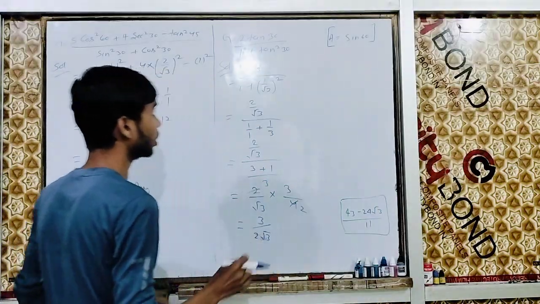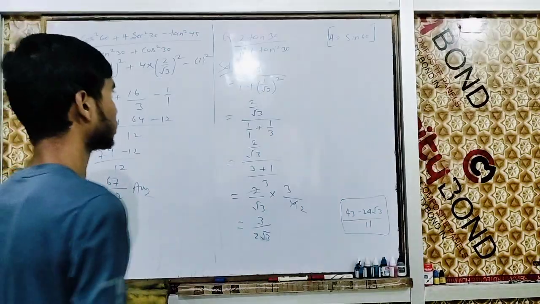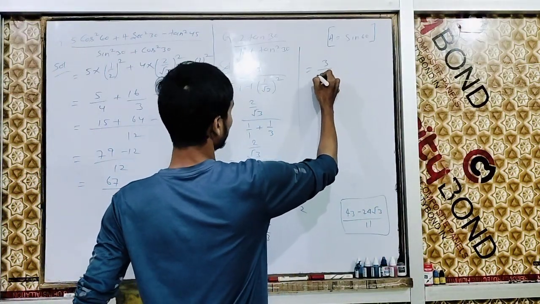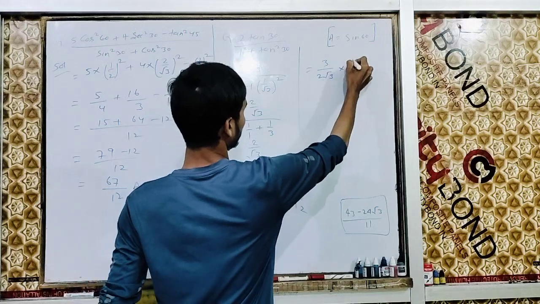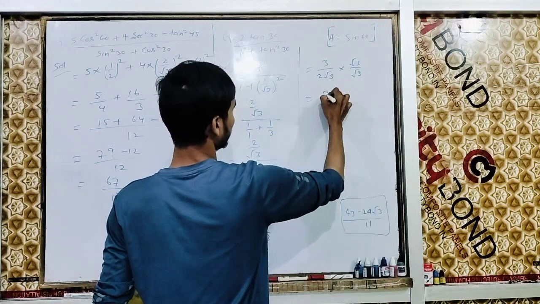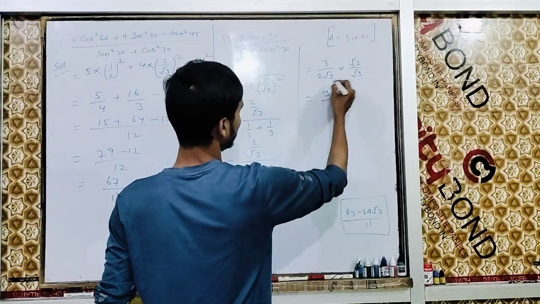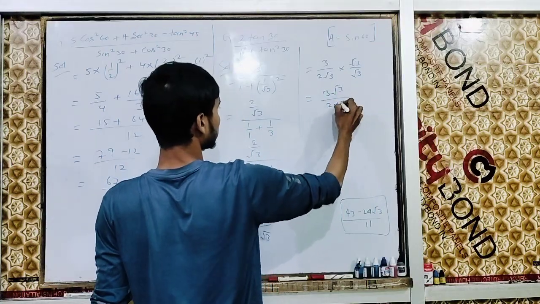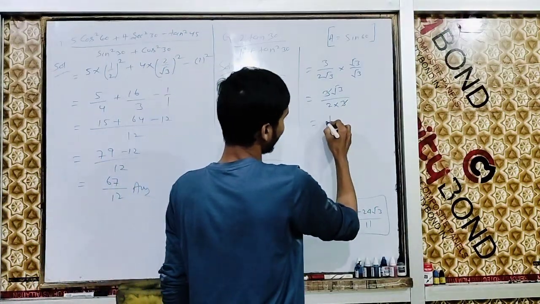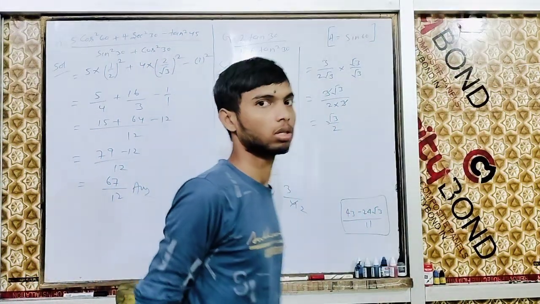Here we will do rationalization. After rationalization, 3 upon 2 root 3 times root 3 upon root 3 becomes 3 root 3 upon 6, and the 3 will cancel. So finally we have root 3 upon 2.